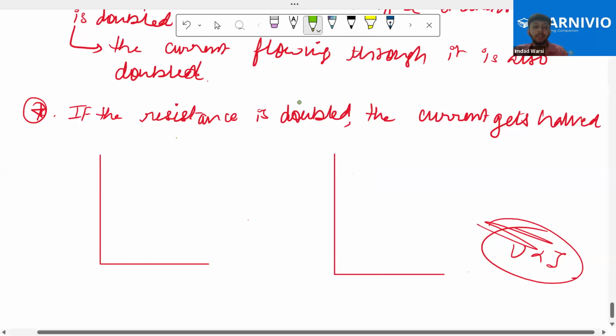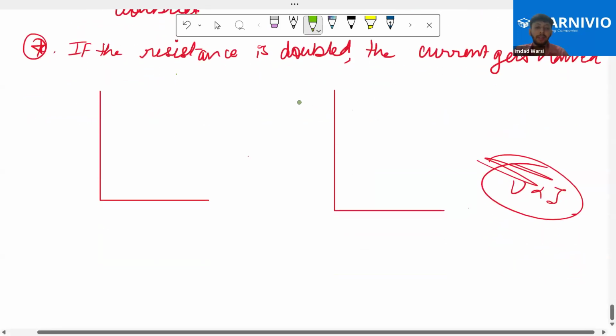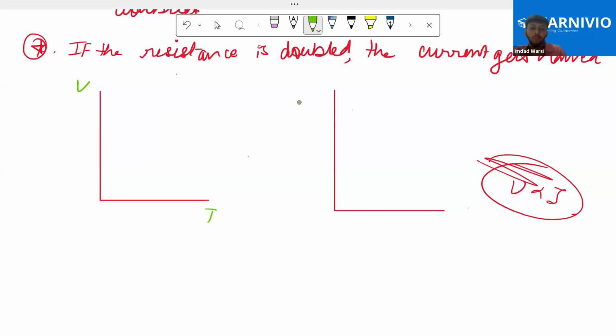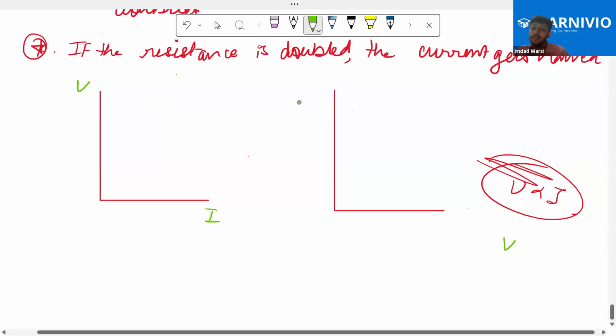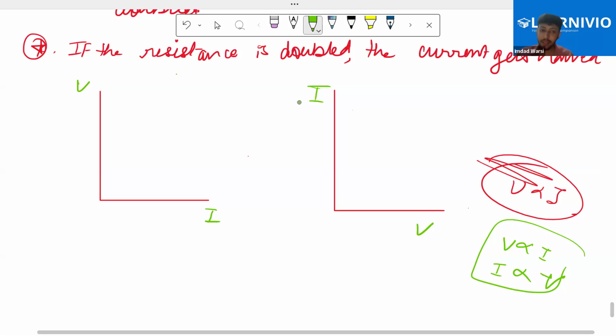Let's suppose I'm making the graph of potential versus current. Or you can reverse it, because if V is directly proportional to I, then I is also directly proportional to V. We can make the graph of V versus I or I versus V. When you increase V, I increases; when you increase I, V increases.